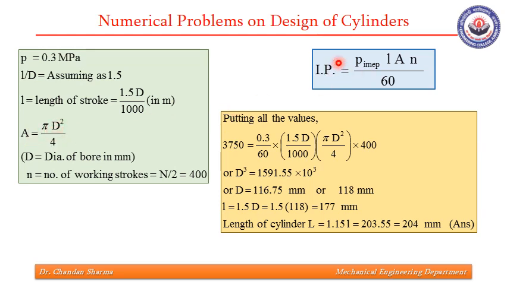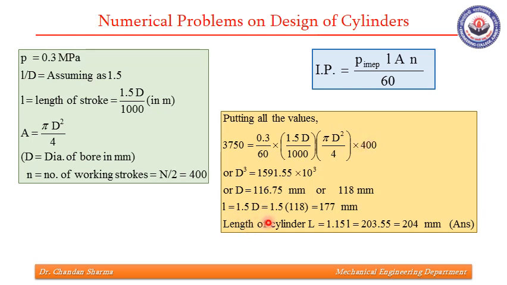Now there will be only one unknown in this equation, and that is the diameter of bore. Number of working strokes is N by 2. Since N is 800, it is 400. When we keep all the values, this is indicated power, this is pressure, length 1.5 D upon 1000. Since it was in millimeters, we have converted that into meters to balance the units, and area is pi D square by 4 and N is 400.